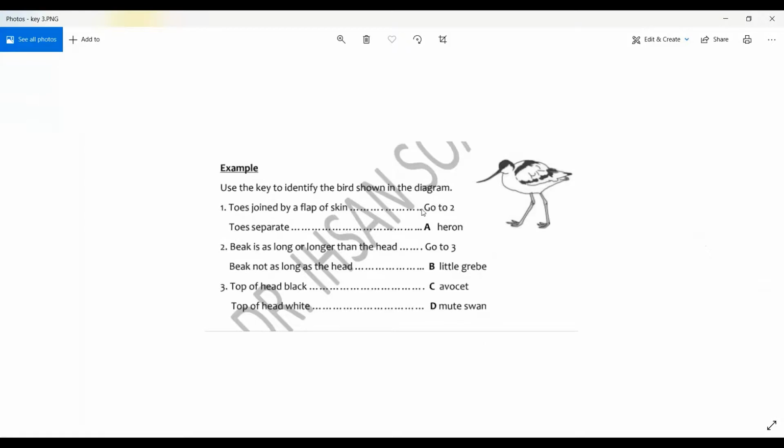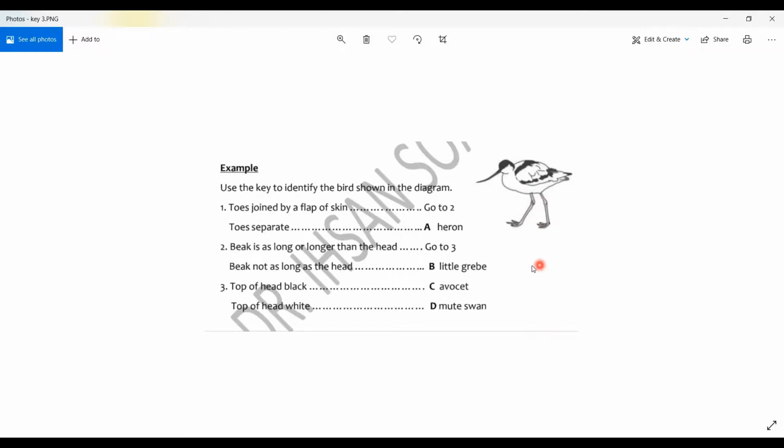Here we use questions or statements, and one statement leads to another. For example, if they give you a picture of one or more organisms, they allow you to choose which one it is and what the name of the organism is.